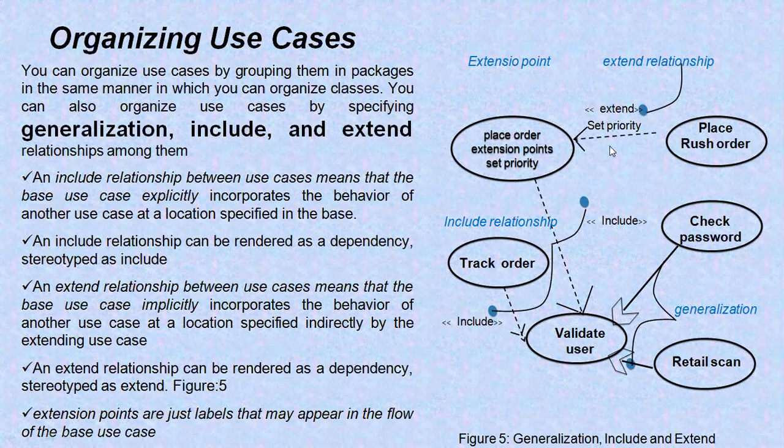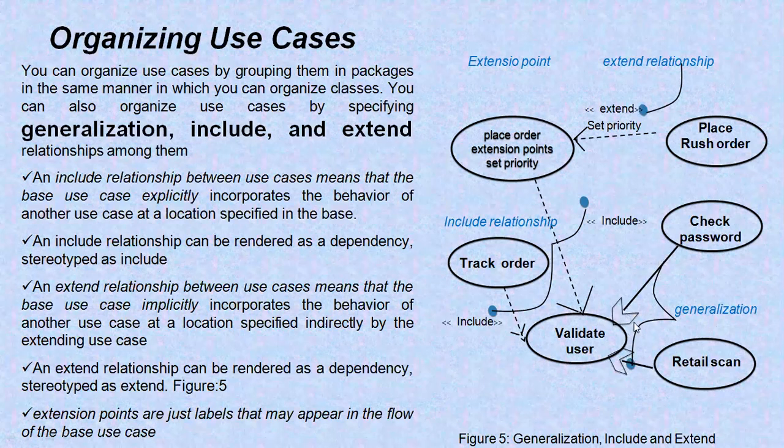Extension points are just labels that may appear in the flow of the base use case. In this figure, it is also clearly seen that the generalization among the use cases is rendered with a solid directed line. So these are the two solid directed lines with a large triangle arrowhead that are shown here.